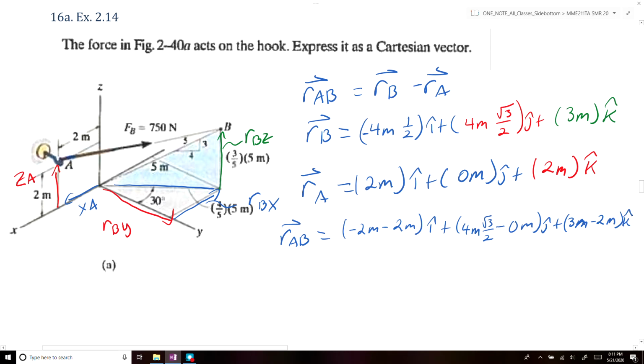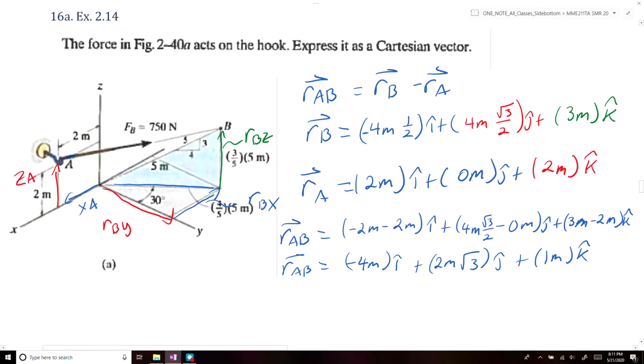If we do all the math, we end up getting minus 4 meters i, plus 2 meters radical 3 j, plus 1 meter k.